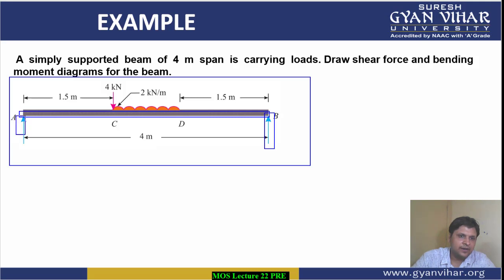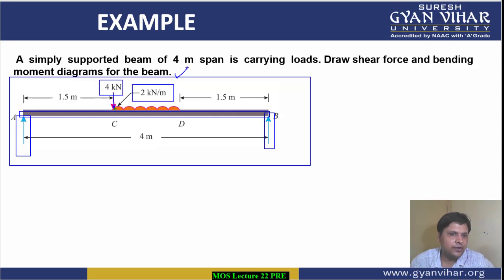One load acting on it is the point load acting at this point, and the other is the uniformly distributed load which is acting on a particular portion. So before we solve this question, in order to quickly revise how we have drawn the shear force diagram and bending moment diagram, let's have a revision of this.